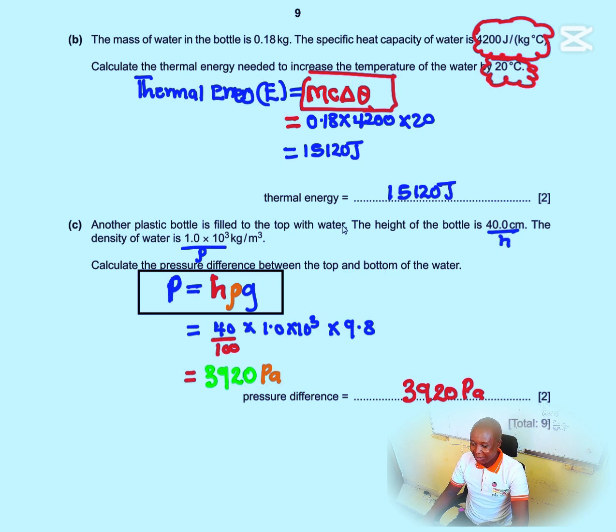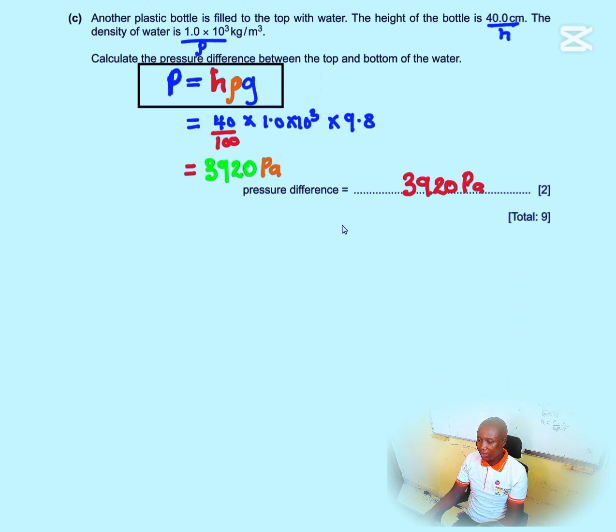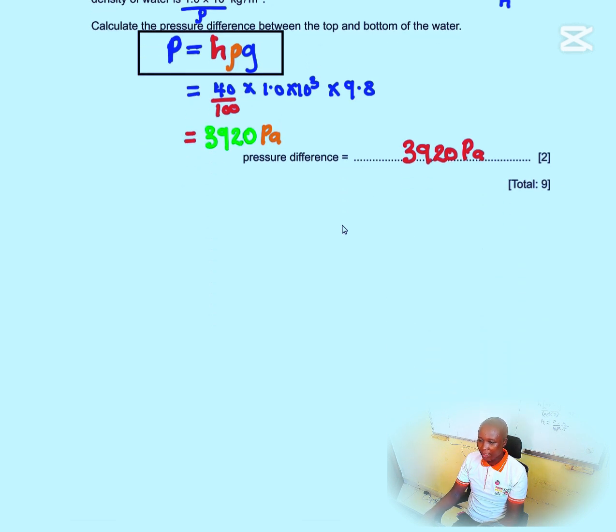So we say 40 over 100 to convert centimeters to meters, times the density, which is 1.0 times 10 to the power 3, times 9.8, which is gravity. The gravity is provided on the first page of your paper. If you work it out, you're going to get 3920 pascals as the unit of pressure.